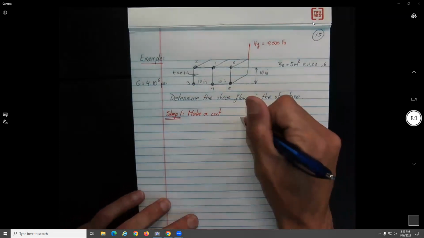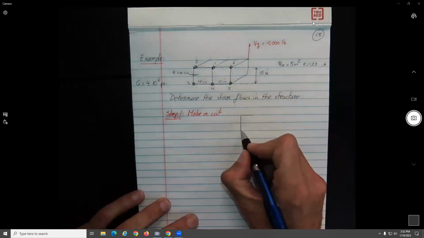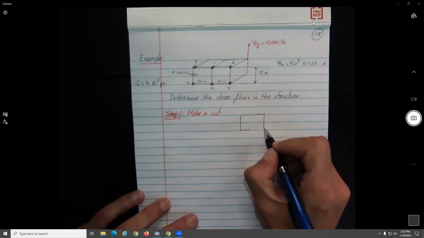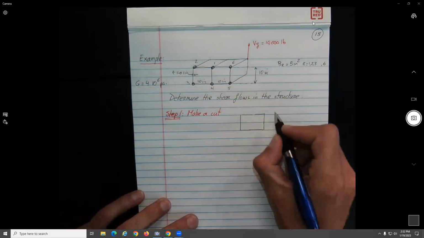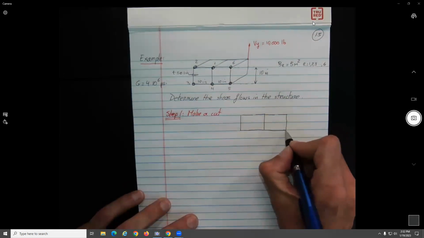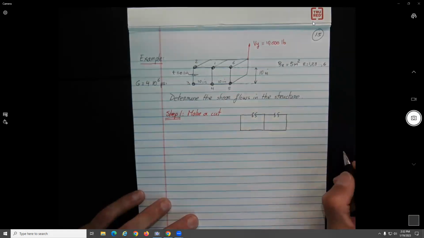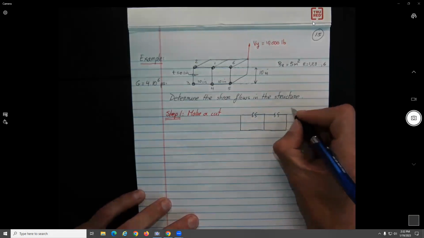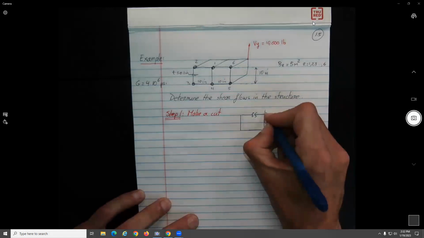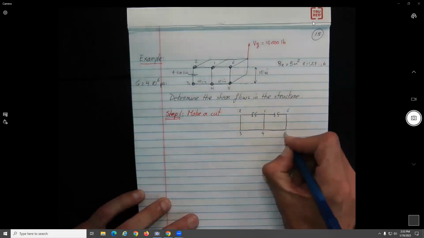In this case, I'm going to do a very quick figure. Let's say we make the cut in here. It should be a square, but just. This is, again, 6, 1, 2, 3, 4, and 5.